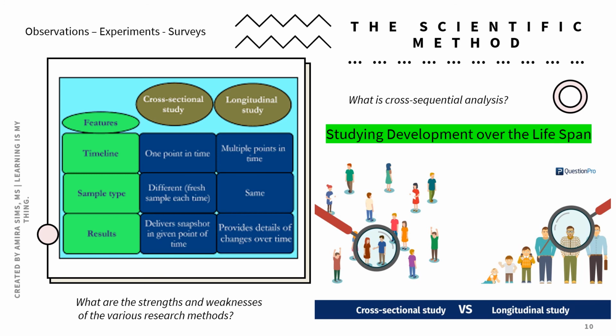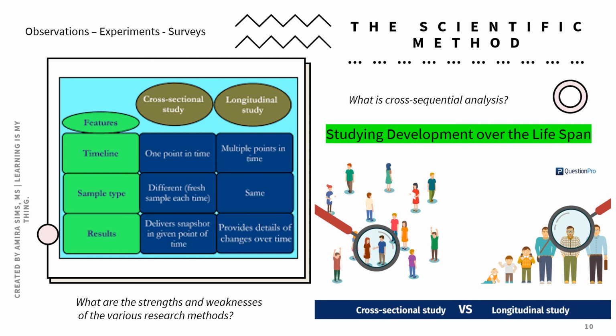We mentioned surveys previously when we were talking about quantitative data, but there's a little bit more info about surveys on page 32 of your textbook. A survey is a research method in which information is collected from a large number of people by interviews, written questionnaires, or some other means.